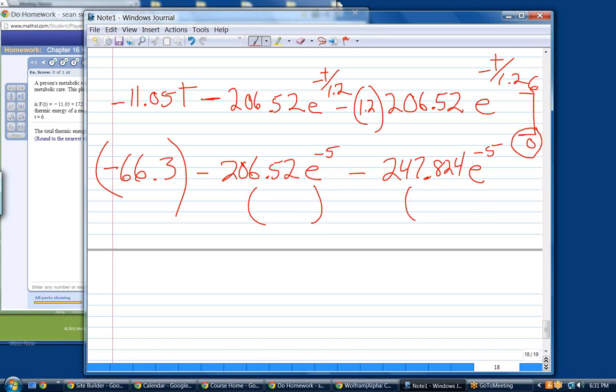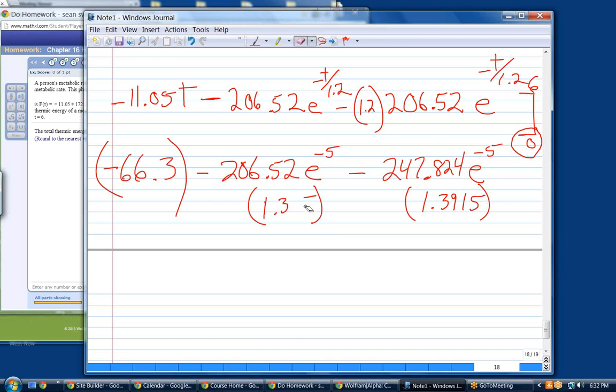Got it. Okay. Actually, I'm going to give you the intermediate. Okay. What's this one? Okay, so the negative 206.52 e to the negative 5th is negative 1.315. And this one over here? Oh, it's negative 1.3915. Is that correct? No, that one was for the left.